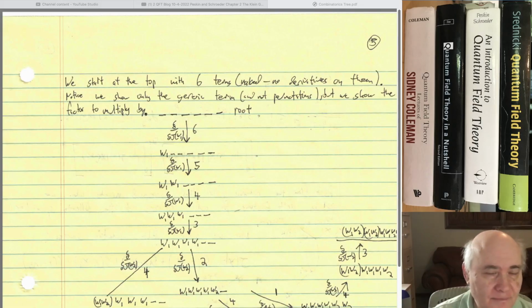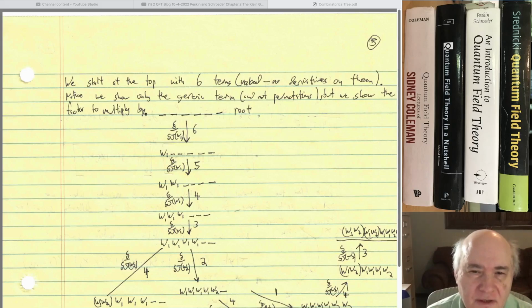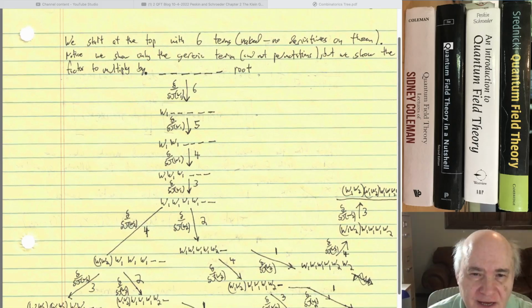So what I did was I said, imagine we have 6 terms, and I want to show you if you do it like a tree, like in computer science. At the root, at the top, we have 6 factors, none of which have been hit yet.